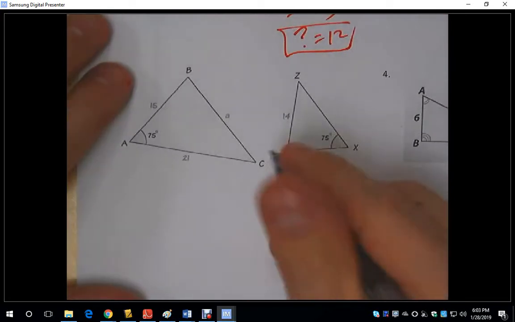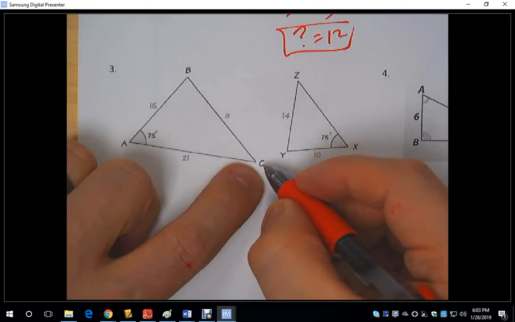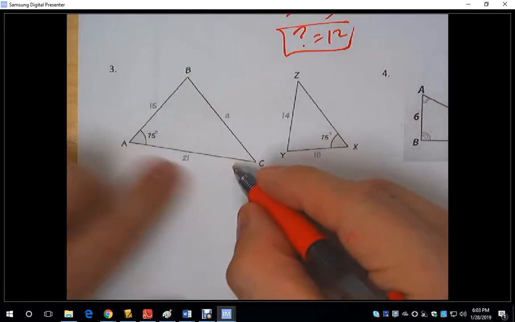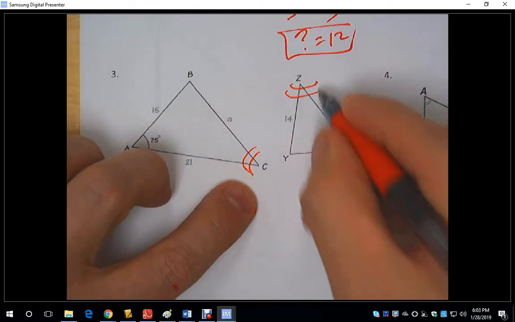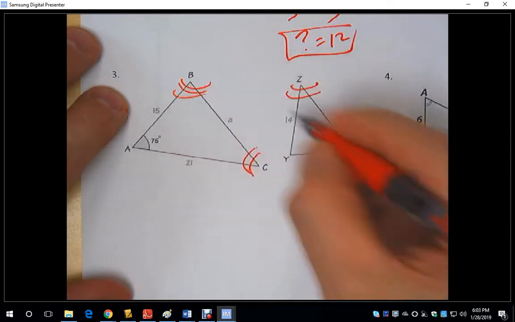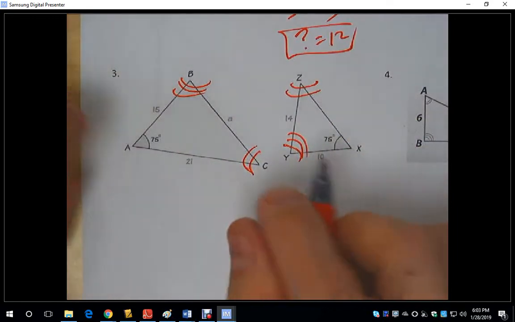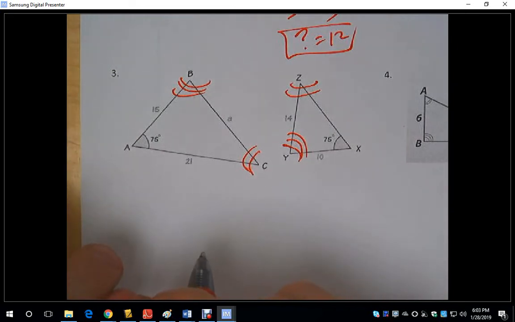All right, for this problem here, our smallest angle, it looks like, is C and Z. So we've already used 1 arc, so I'm going to use 2 arcs here. And then that means that our third angle, we can indicate that with 3 arcs. Now this one looks a little bit more difficult because it looks like a rotation and possibly a reflection happened.